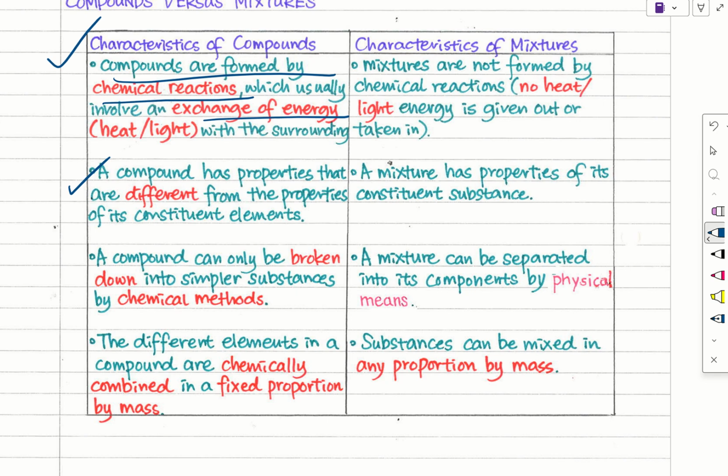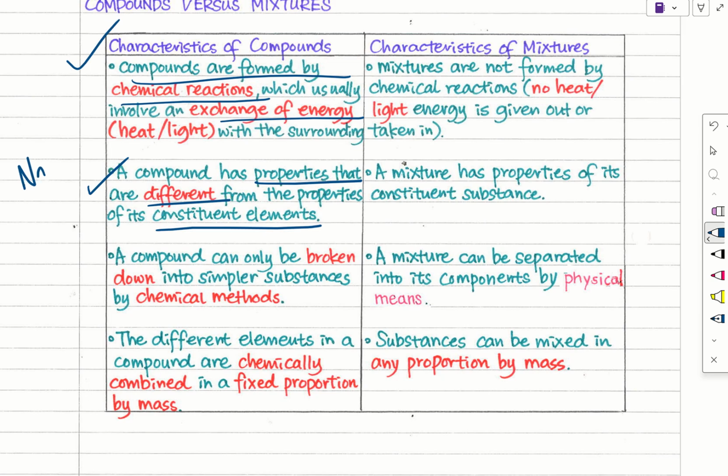Very important, a compound has properties that are different from the properties of its constituent elements. For example, sodium chloride. Sodium is a metal. Chlorine is a non-metal and it's actually a poisonous gas. Together they can combine chemically to form sodium chloride, which is our table salt, which you can eat.